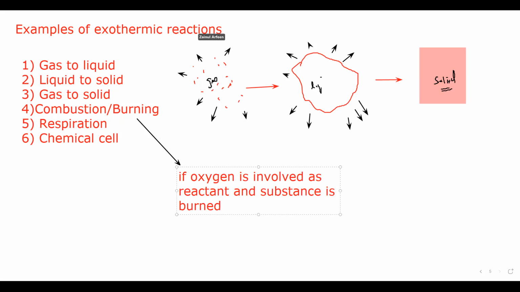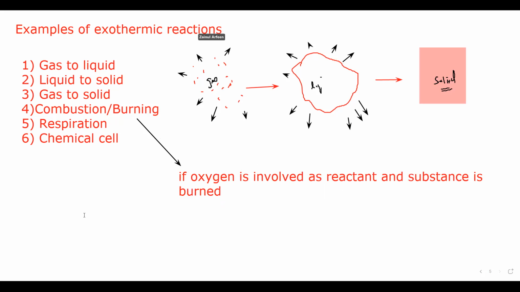So in all the examples which include oxygen as a reactant, say we have coal, it reacted with oxygen to give carbon dioxide.